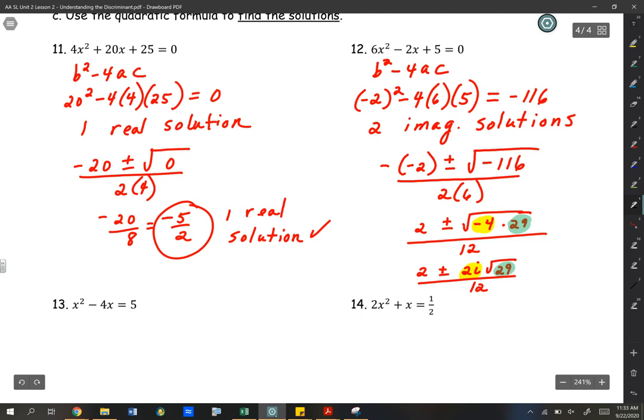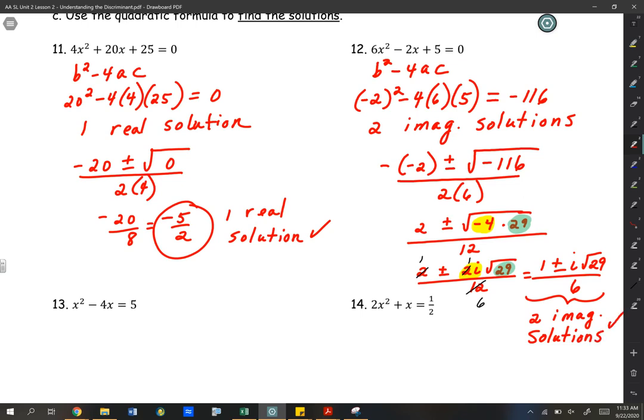Now at this point, if we divide 2 into each term, the final simplified answer here is 1 plus or minus i root 29 over 6. And that, of course, did give us, as we expected, 2 imaginary solutions. On your own, I would pause the video, try number 13 and 14, and come back and check your work.